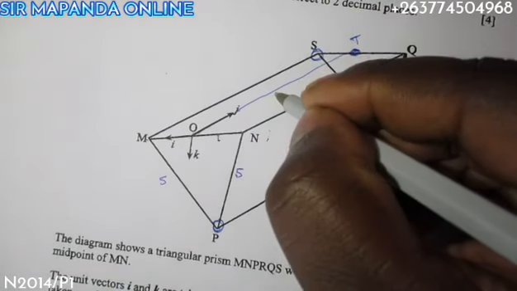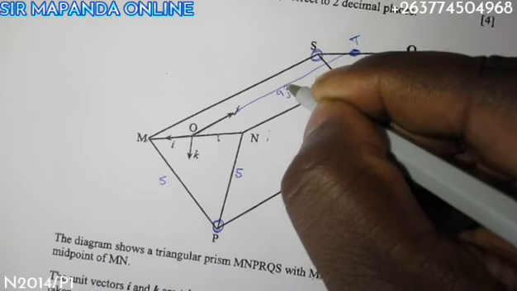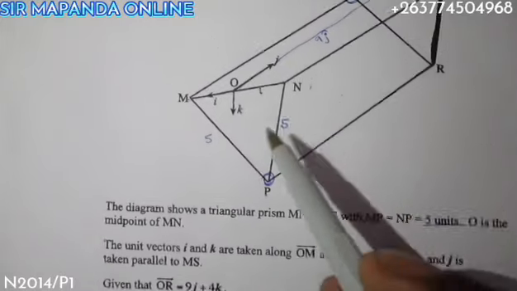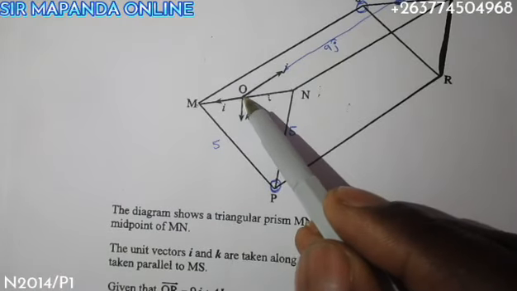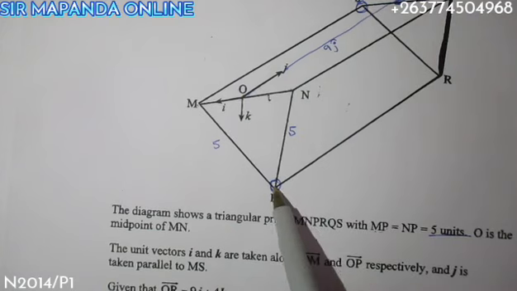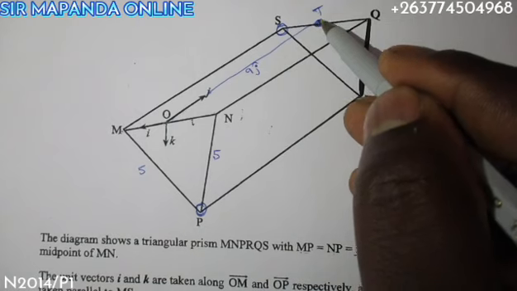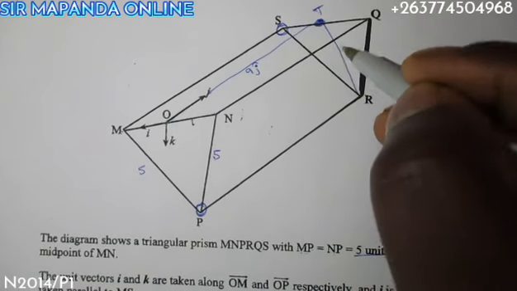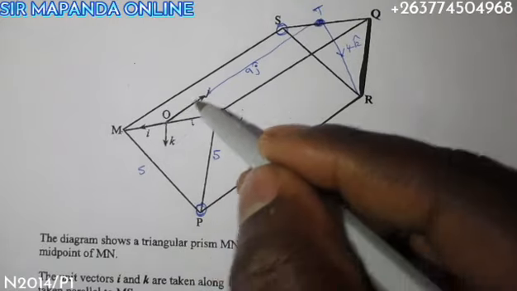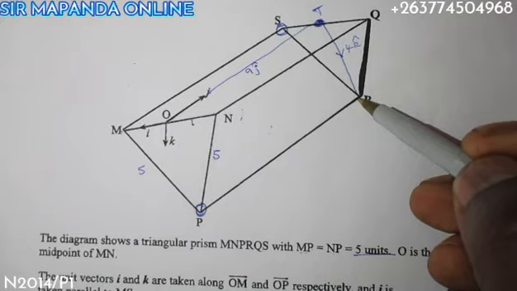So this line is your 9j, then plus 4k. Remember, k is the vertical direction from the midpoint, which is T, towards R. They are saying this is 4k. So you get 9j, this stretch, plus 4k downwards.